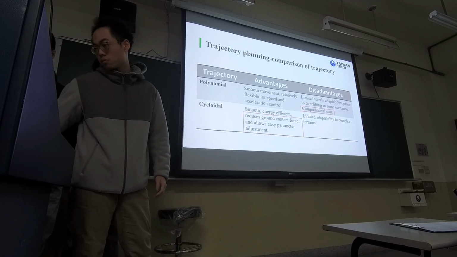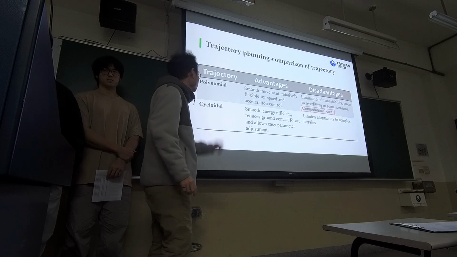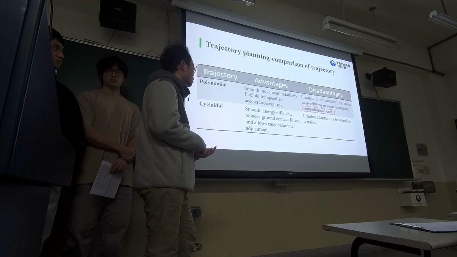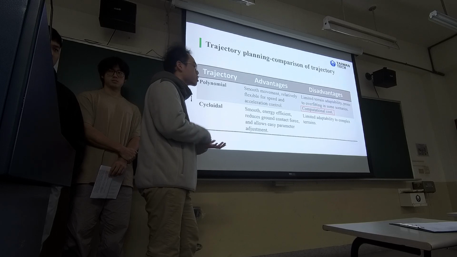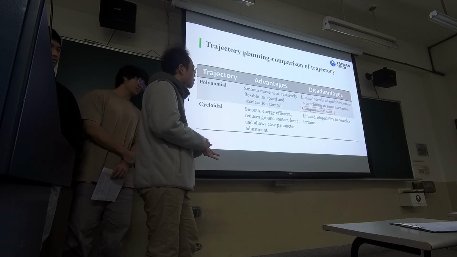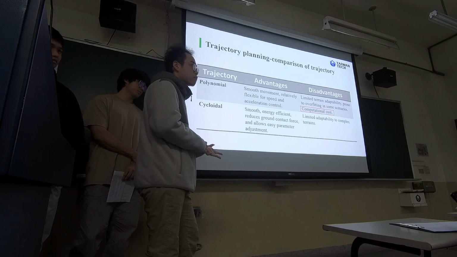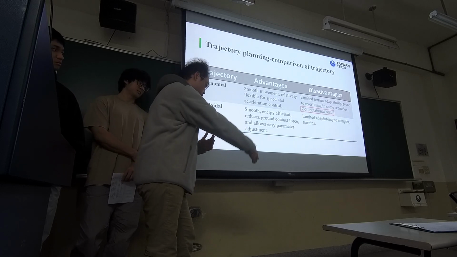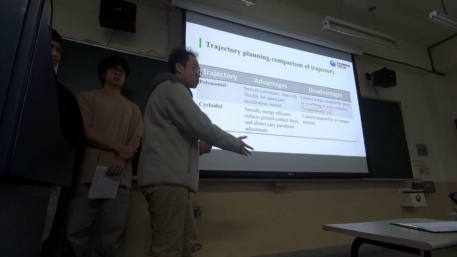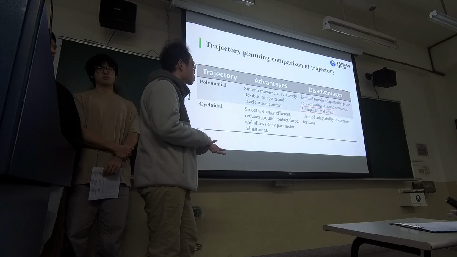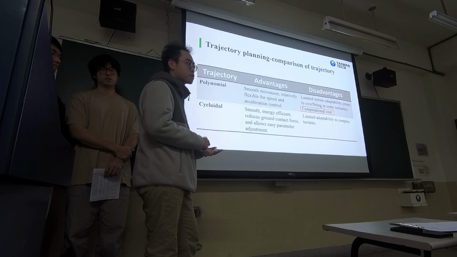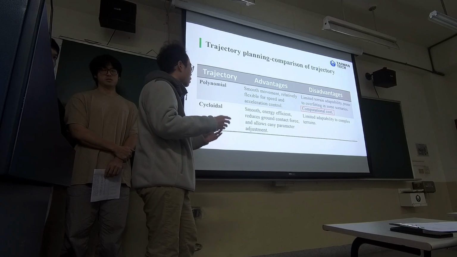Why we don't choose polynomial as our trajectory: if we frequently change our boundary conditions, for example, we want to change the distance from here to our goal, then we need to resolve the coefficients of the equation.